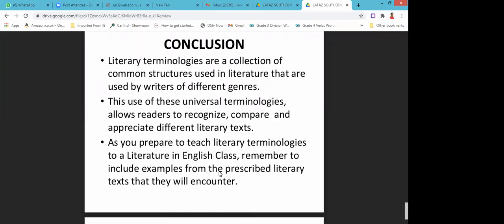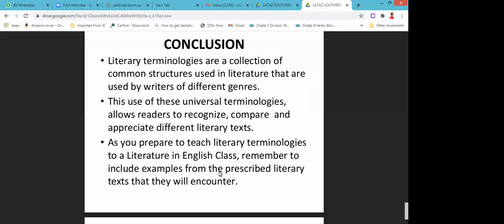In conclusion, there are so many literary terms at our disposal. These are just a few of what I've gone through. And as we interpret, analyze, identify these techniques, these elements, these literary terms, as we read the text to our learners or read with our learners, it's important to introduce them, but also probably wait until they encounter them.